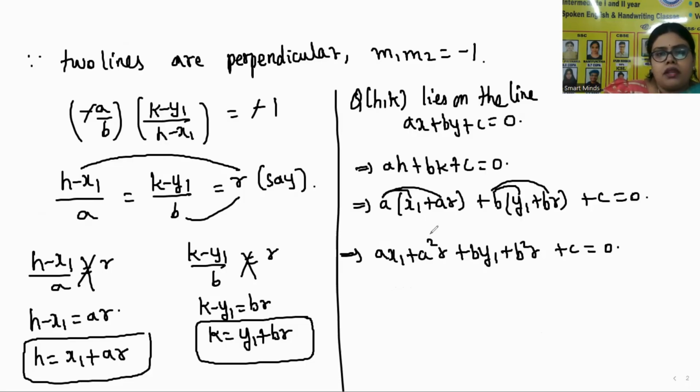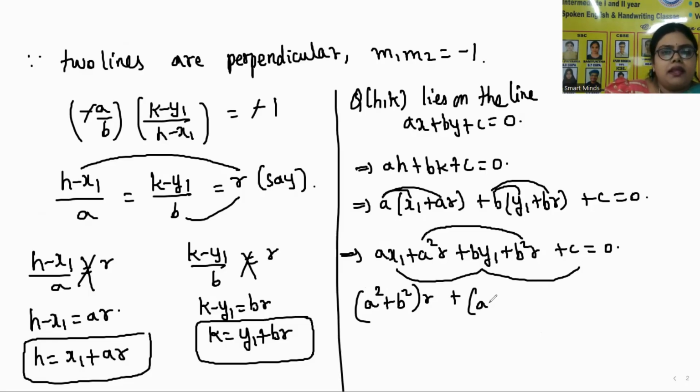Okay. Now from a square, from these two terms, I take r common. So we get a square plus b square into r, and the remaining three terms I put in a separate bracket: ax1 plus by1 plus c is equal to 0.